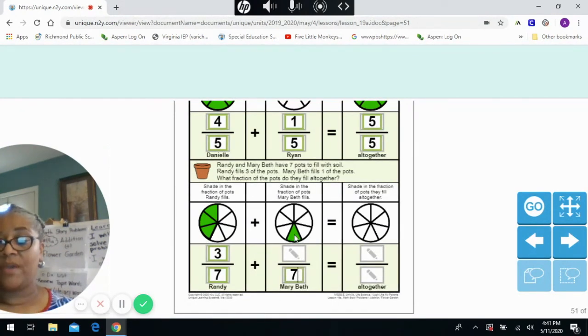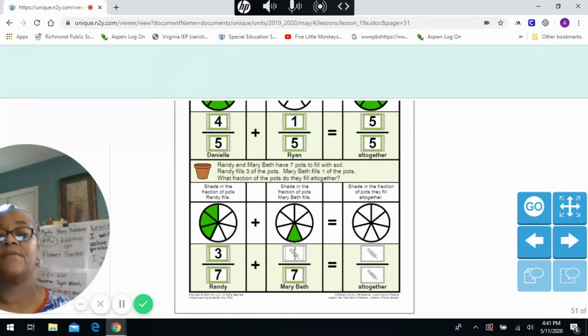And how many go here? 1. Why would we put the number 1 here? What is that called? It's called the numerator. Yes, and it is a part of the whole 7. It's a part of the 7. So we'll put that there.